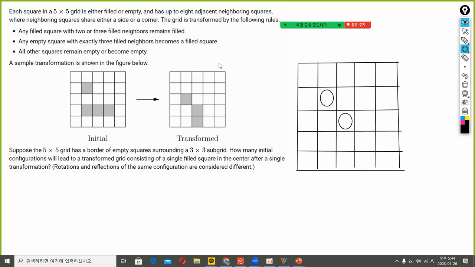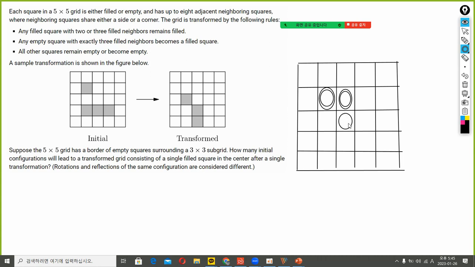So if this corner is filled, and then if the adjacent edge is filled like this, the problem is, because of this first condition, these two also remain filled after transformation, and that's the result that we do not want.